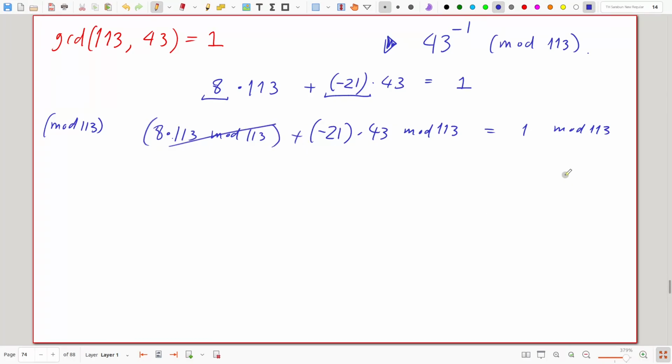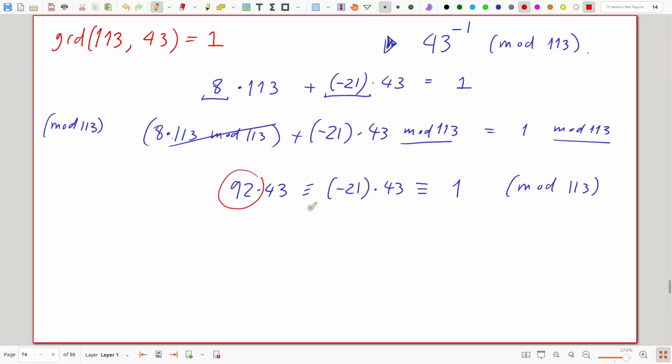So I can rewrite this as minus 21 times 43 congruent to 1 mod 113. So what is minus 21 mod 113? 92, right? So this is the same thing as 92 times 43 equals 1 mod 113. So 92 is our inverse.